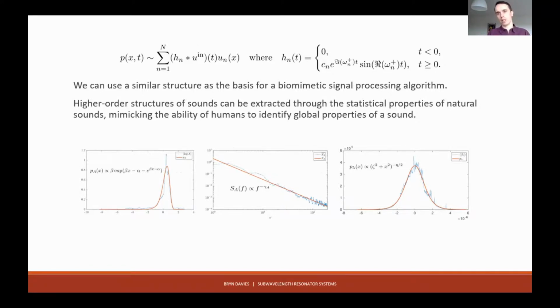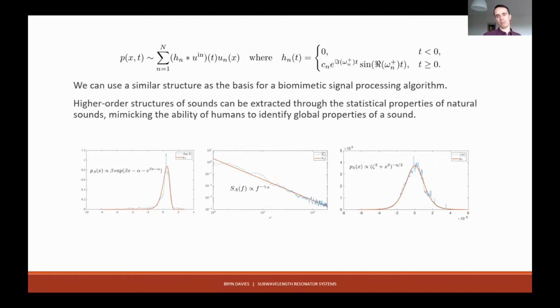In particular, humans are known to be well adapted to hearing a class of sounds known as natural sounds. These natural sounds, which are a whole class of human and animal vocalizations, environmental sounds, these sorts of things, have been observed to have certain statistical properties.